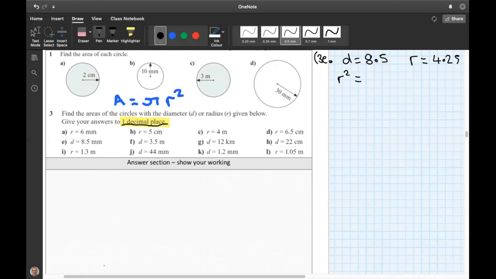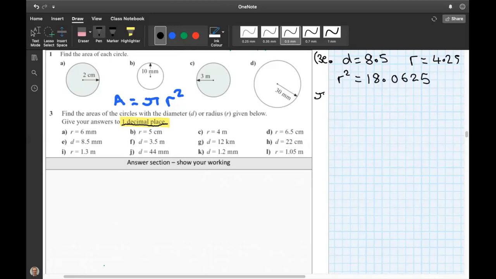That's going to be 18.0625. And again, it's not essential that you write out all of this. You can perform it on your calculator. What is really important for you to do is clearly identify the radius, show the examiner that you've done R squared, show them that you've multiplied by pi, and then make sure you've rounded at the end. Okay, so these will be worth more than 1 mark, more often than not.